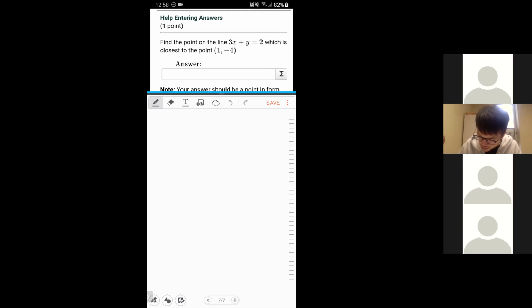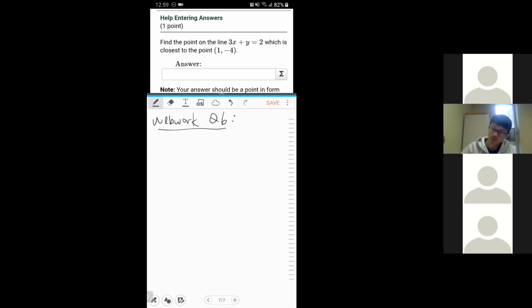And I think this is question 6. Okay, so you have a line equation 3x plus y equals 2, and you want to find a point on the line that's closest to the point 1, comma, negative 4. So the 1 is the x coordinate, the negative 4 is the y coordinate.